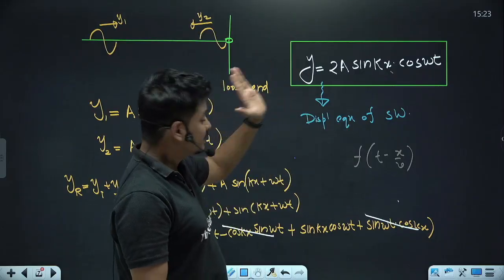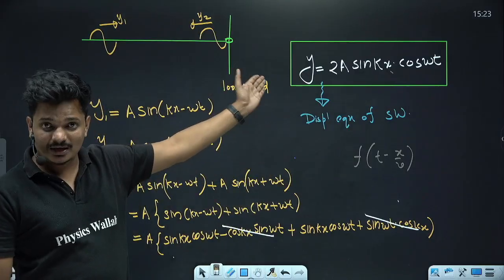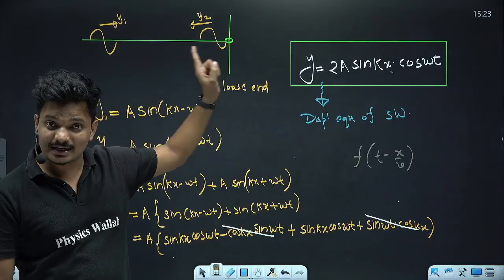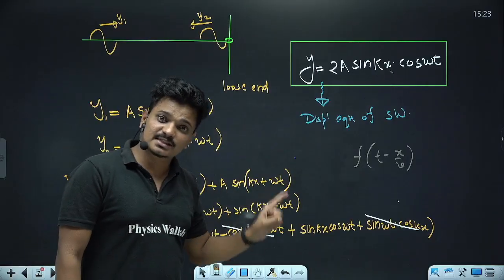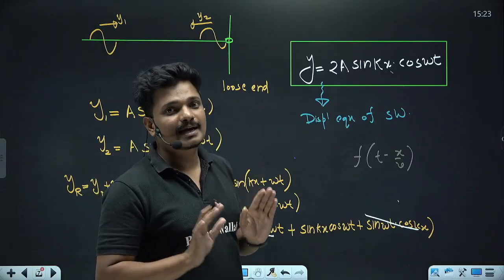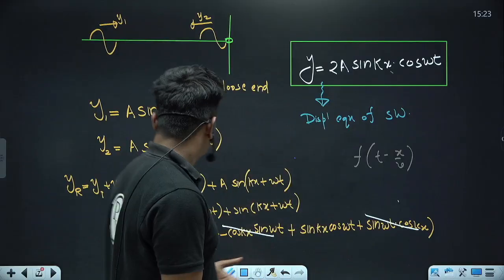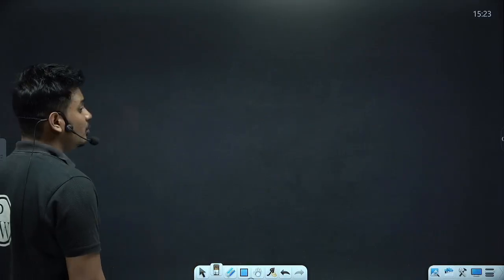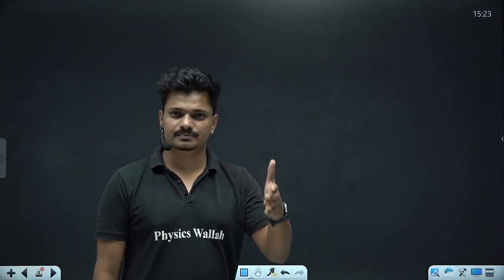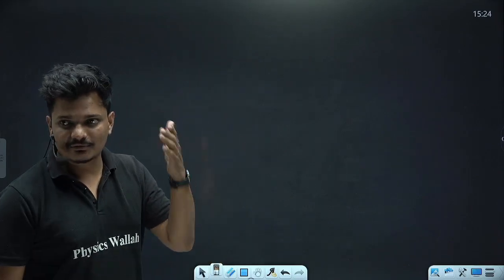Next, I already called this a wave, so if this is a wave, then it must satisfy the linear wave differential equation. So we have to check that. That's my next aim: to check whether this is a wave or not.